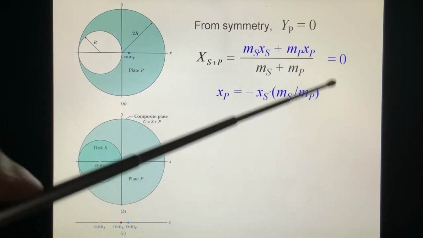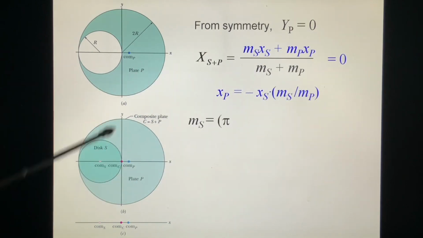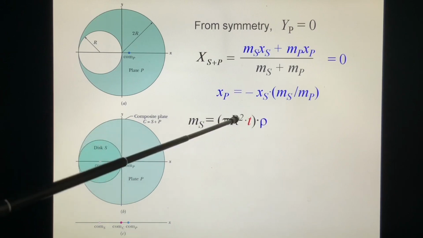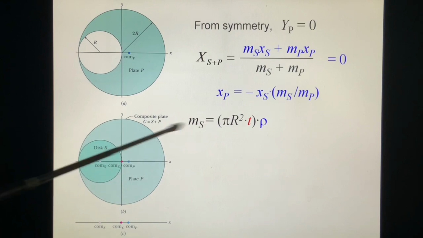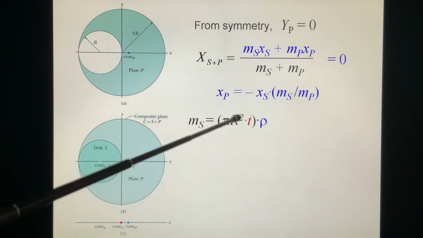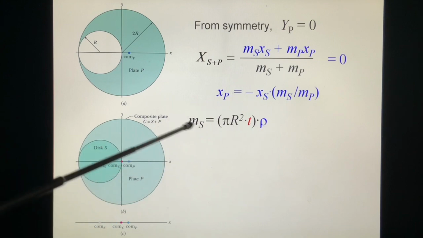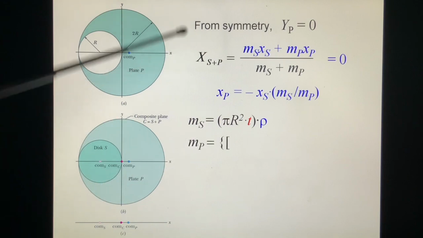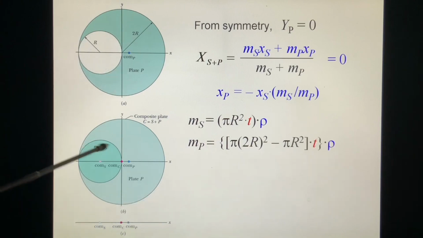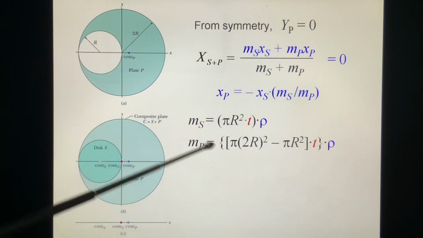Let me write all these out. mS is the mass: the area, pi R squared, multiplied by the thickness t, is the volume. Volume multiplied by density is mass. And mP is the big piece minus the smaller piece. The big one is pi (2R) squared, the small one is pi R squared. This is the area.